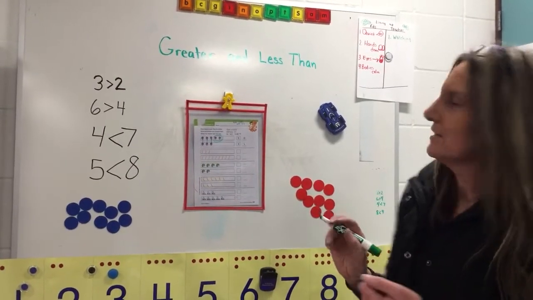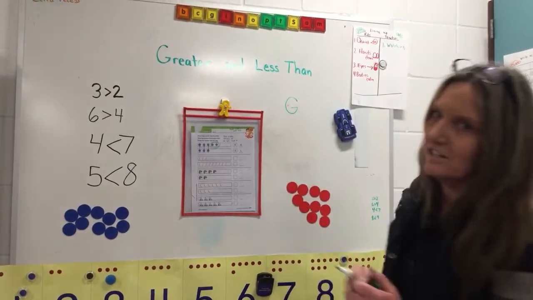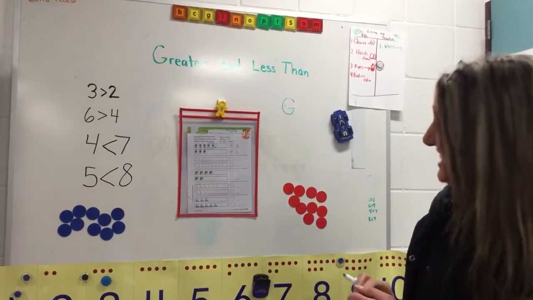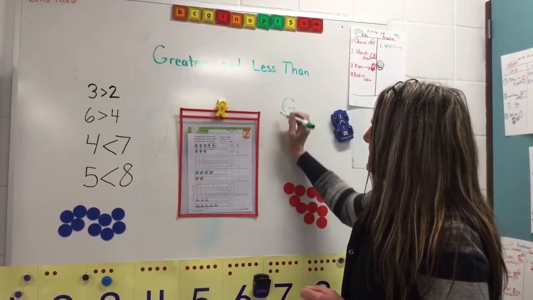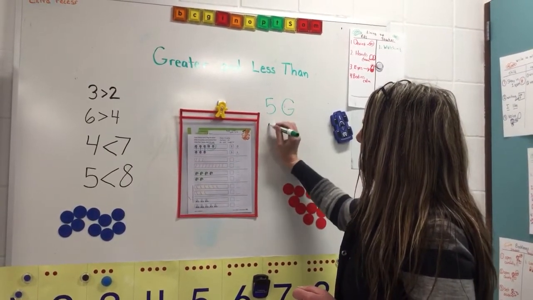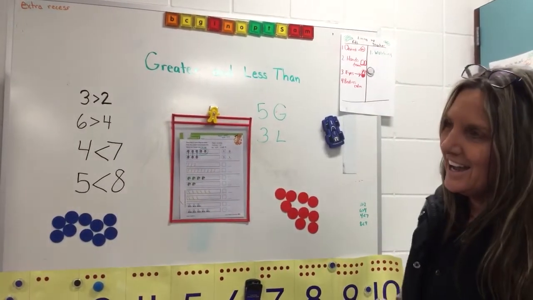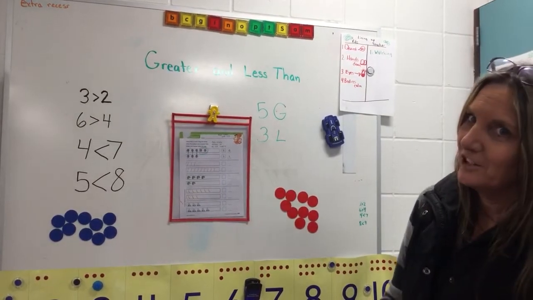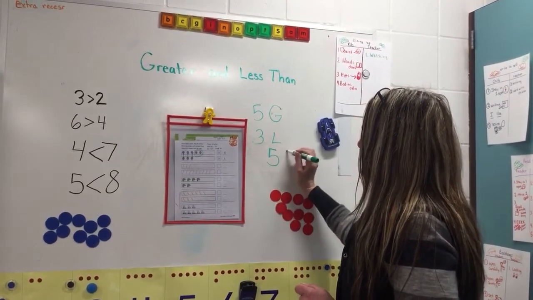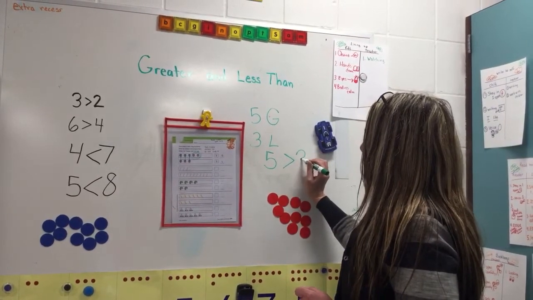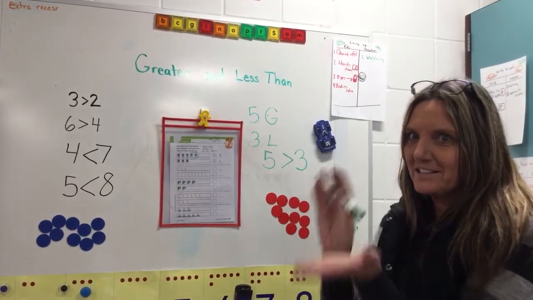You heard G. So they put a G, and you get to use uppercase letters this time for greater. And for the 3, which was less, they put an L. If you wanted to try a little bit more, you could write 5 is greater than 3, somewhere there. That would get you practice to make that alligator mouth.